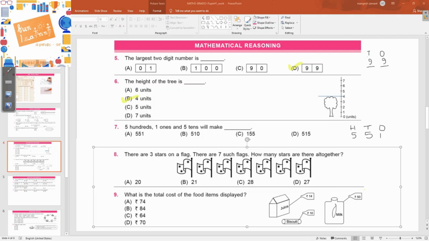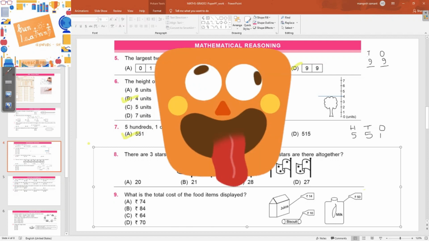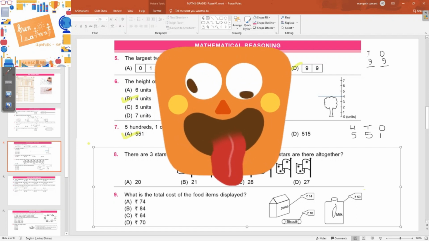So our number is 551. Is there an option? Oh yes, there is. Now why I asked you kids to read carefully is because if we read just this question, it is possible we would mark it as 515, which could be D, which is the wrong option.